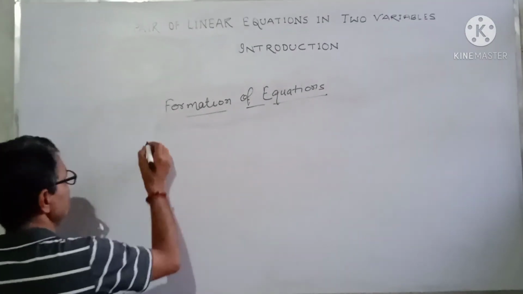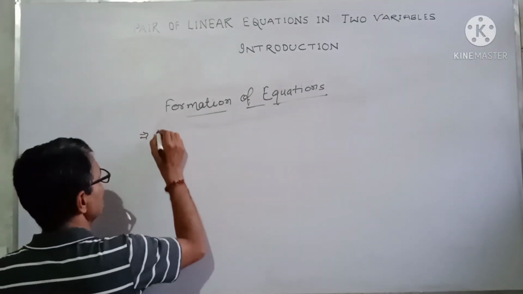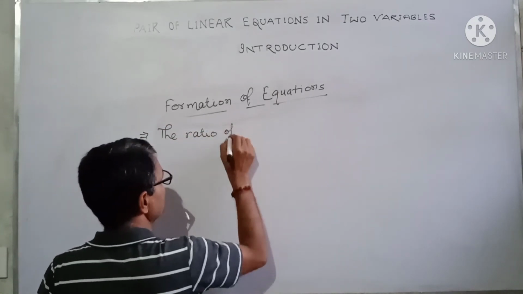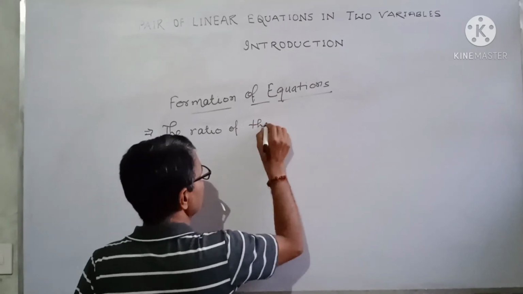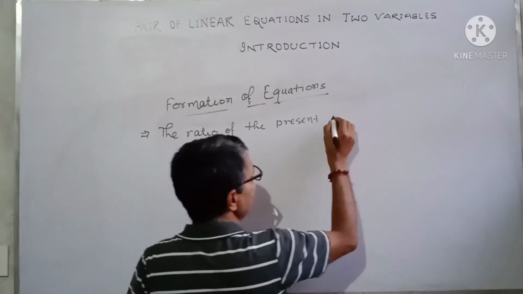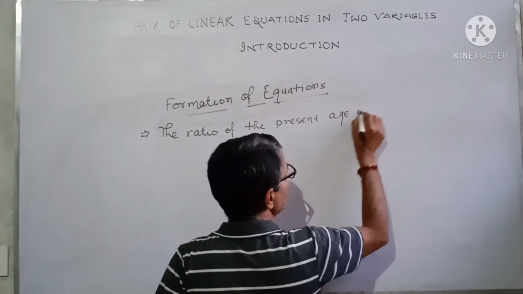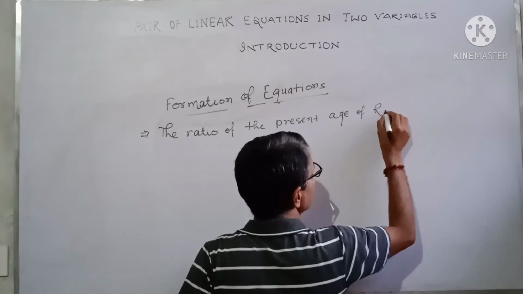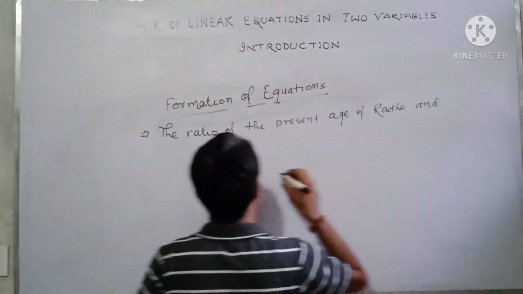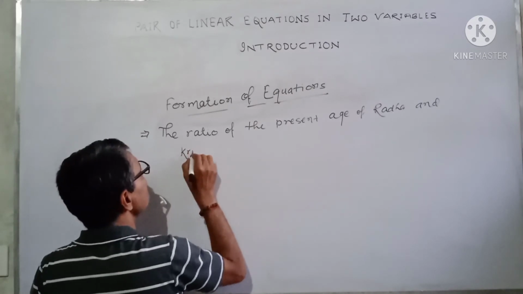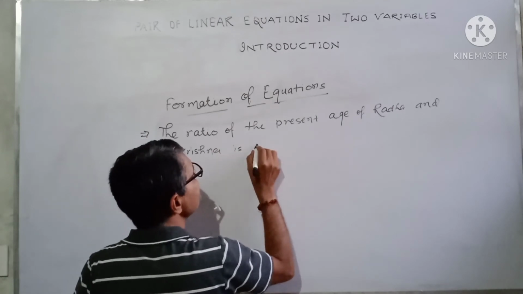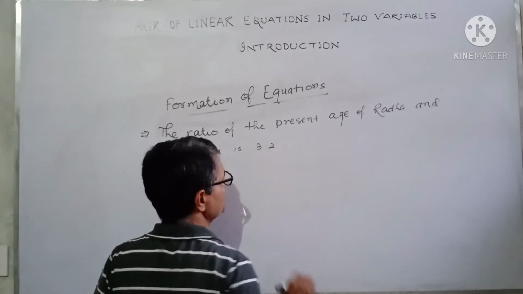Next, the ratio of the ages of Radha and Krishna is 3:2.